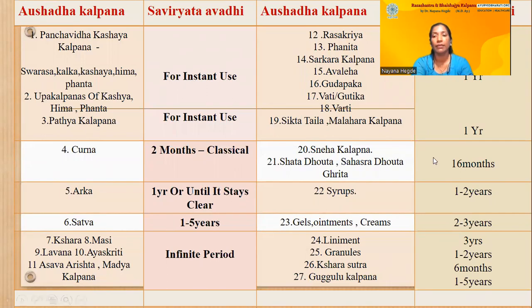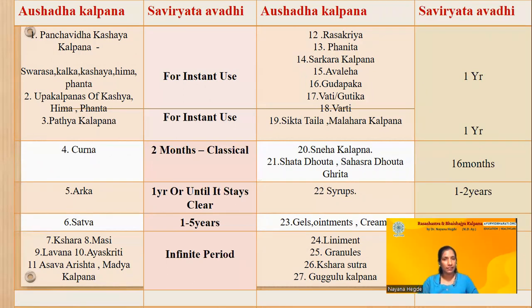So Sharangadhara has given the saviryata avadhi only for a few formulations. So for all the formulations which we studied under Bhaishajya Kalpana in general Ayurveda, what are the saviryata avadhi? All the different saviryata avadhi are scattered in the different granthas.